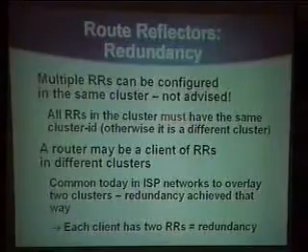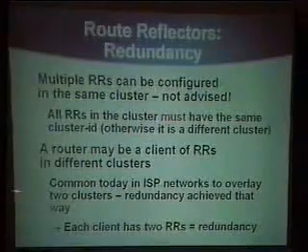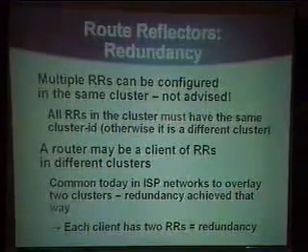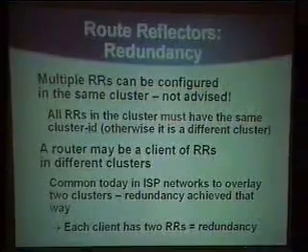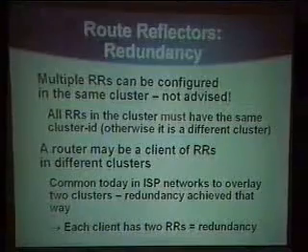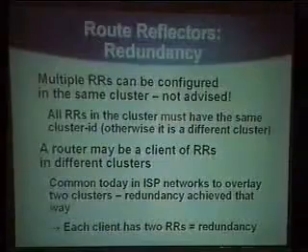So, what most ISPs, I find, have always been doing is this thing. A router may be a client of route reflectors in different clusters. Okay? So, for example, you may have two core routers in a point of presence.